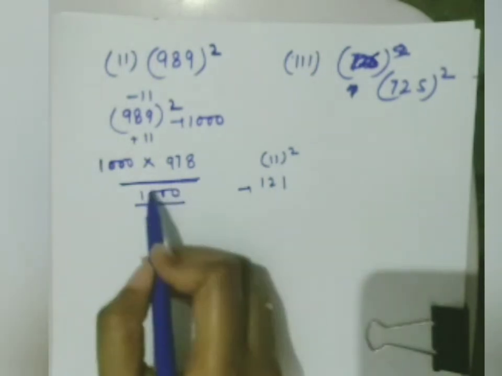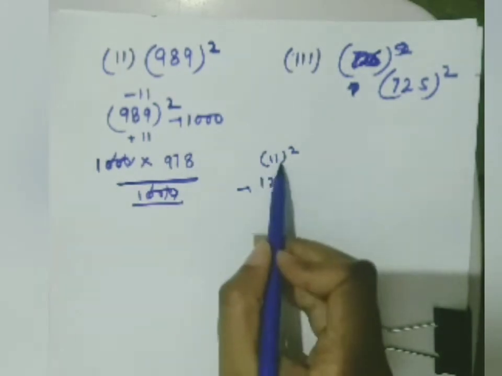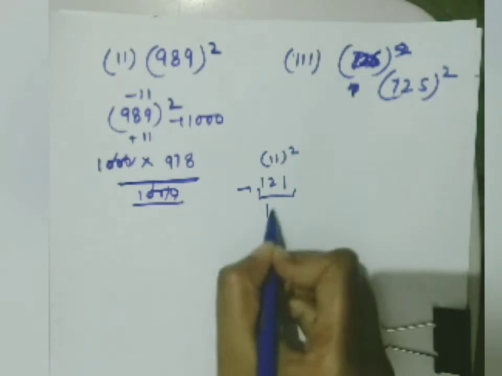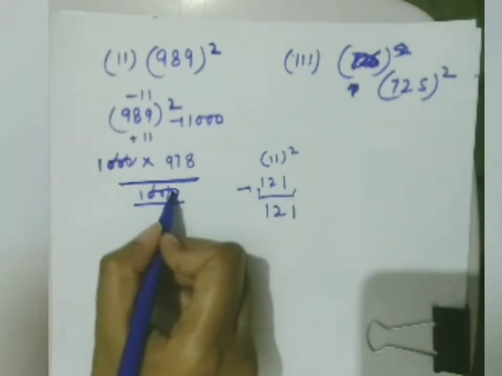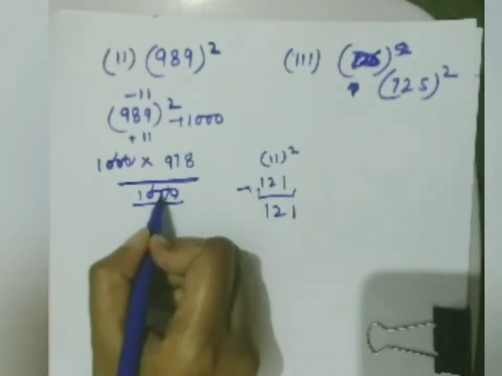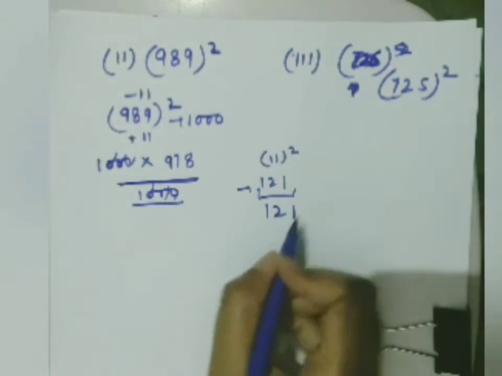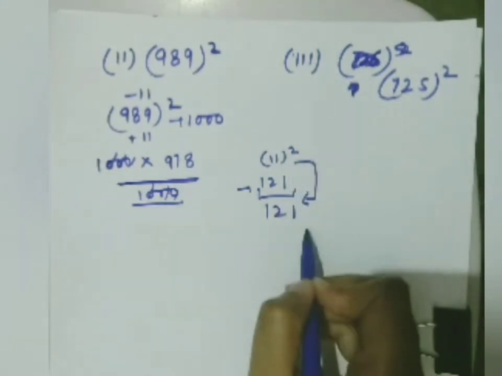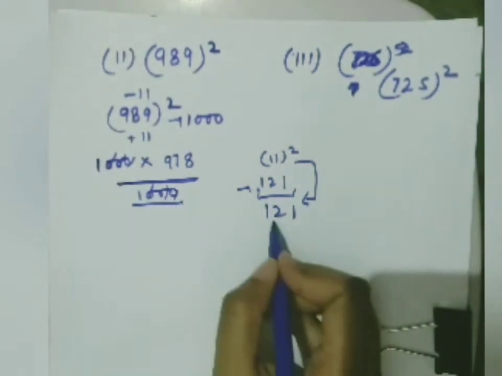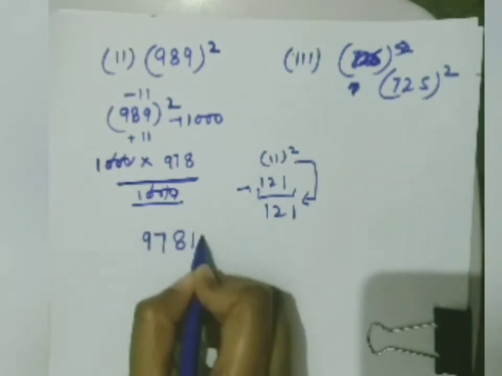Now what will we do? We will cancel it, and then we find the square of the 11 we added or subtracted. Whatever we get, we will take all 3 digits, like we have taken 121, because this time we have taken 1000, so the number of zeros decides how many digits we pick. So 121 is written as 978 121.